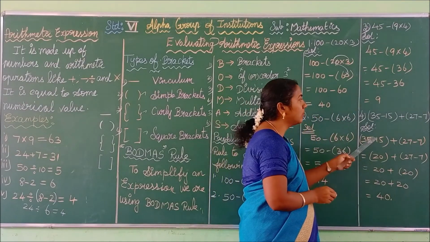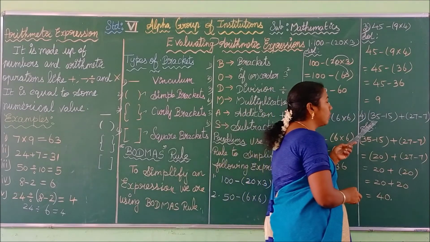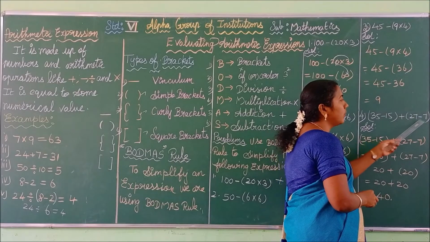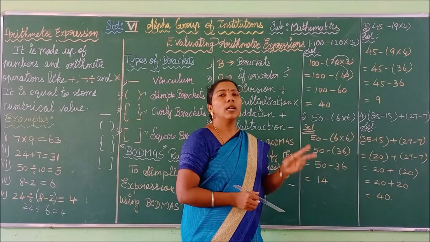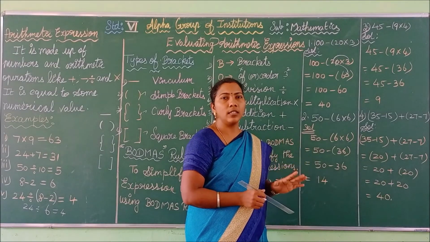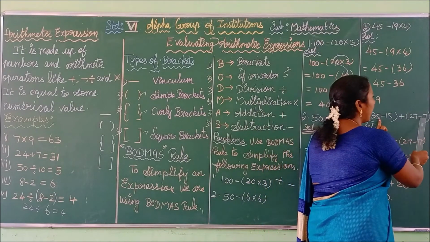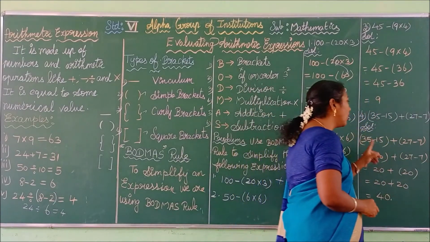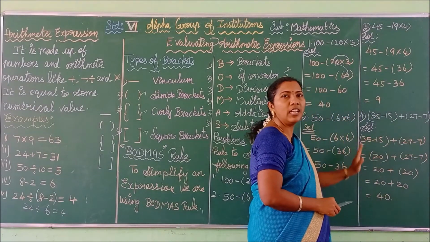See the fourth sum. This is a little different from the above three sums. Read the question: (35 minus 15) plus (27 minus 7). This expression contains two brackets, but both are the same type, simple brackets. You could evaluate the brackets simultaneously, but since you are in 6th standard, you evaluate the brackets one by one. First evaluate the left hand side bracket.